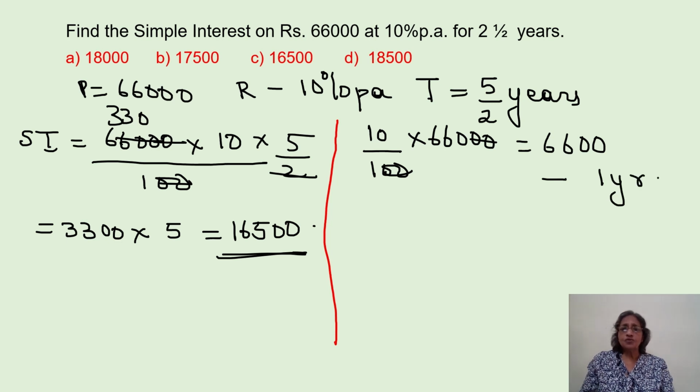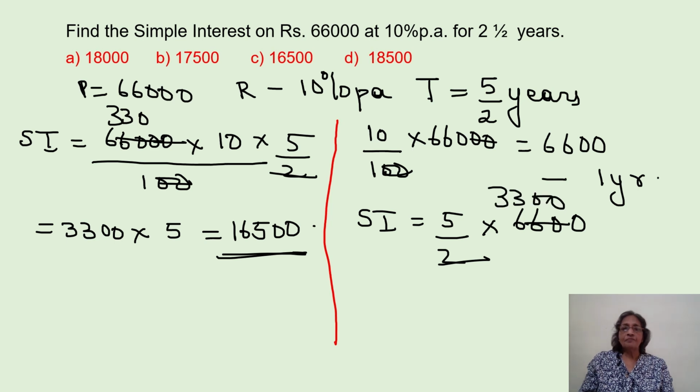So for 5 upon 2 years, the total simple interest would be 5 upon 2 into 6,600. And you'll see that you get the same amount, that is 16,500. Okay, so I've shown you two methods. You could have done it even by the ratio method. All right. Here I've taken the simple interest formula method and the percentage method. So a correct option is the C one.